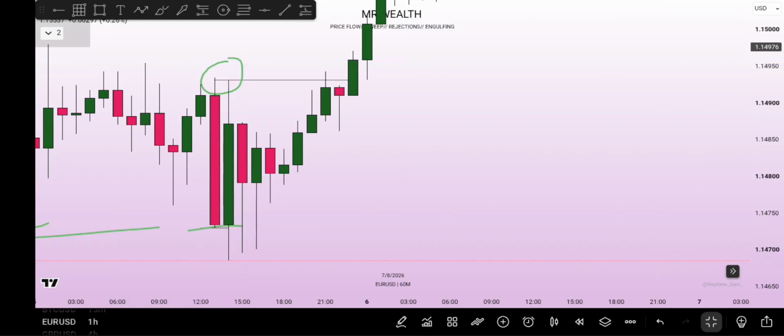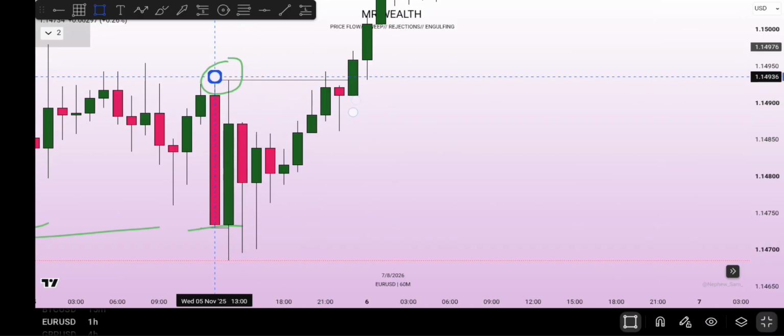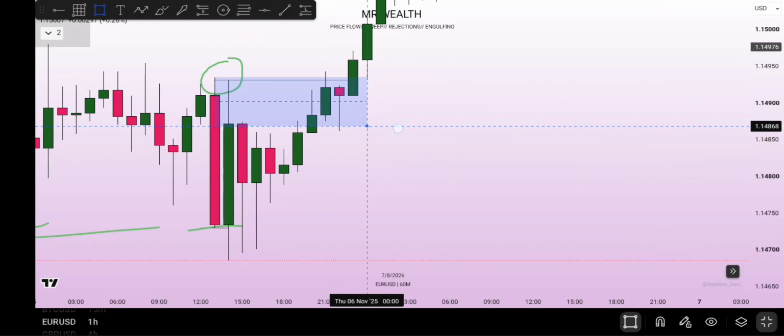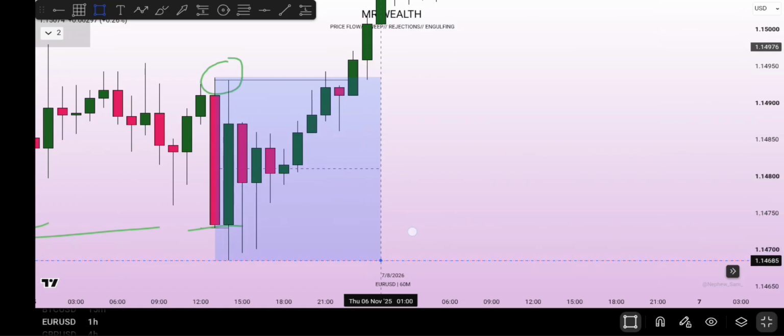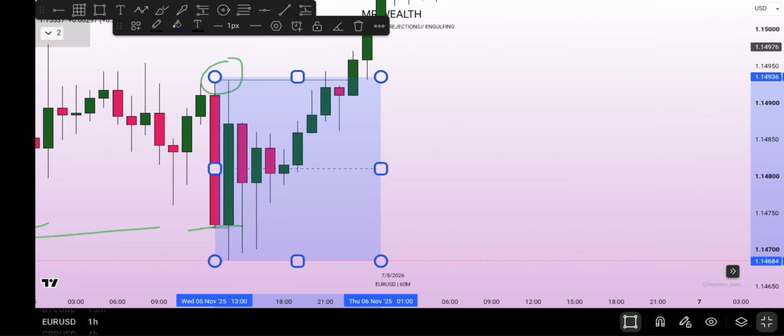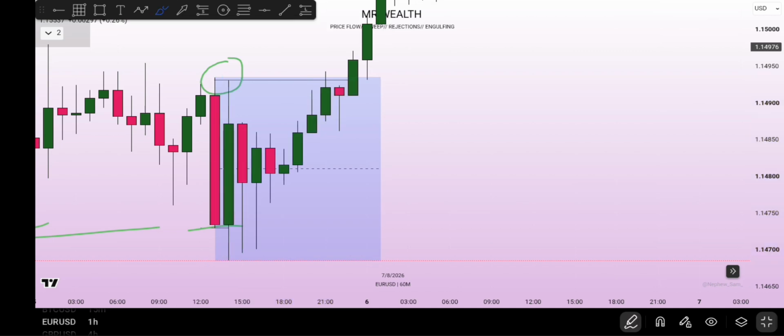So you take your box from the high over there down to where it triggered. This is the candle that, after the breaking with the body, came back to trigger it, which is this. Because of no replacement; if not, I'd be using replacement.